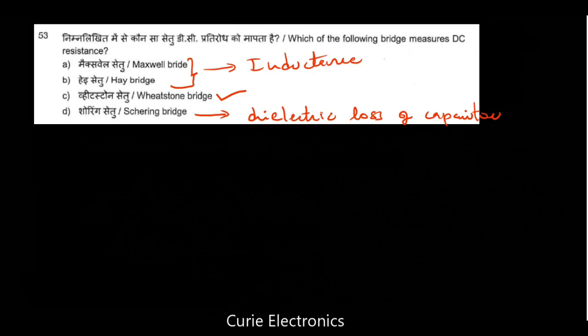The Hay bridge is a slightly advanced version of the Maxwell bridge. So the answer is option C. For DC resistance we use Wheatstone's bridge.